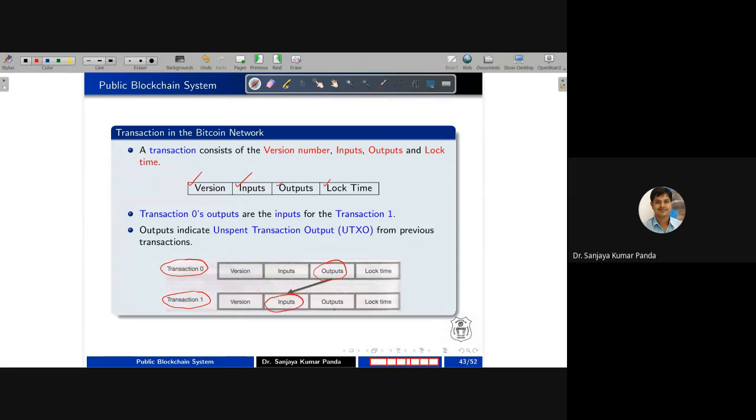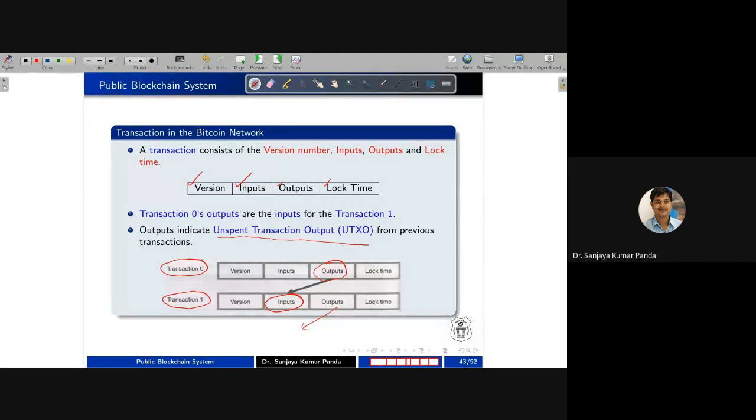Similarly, transaction one's output is input to transaction two, and so on. But it is not necessary that everything is converted from input to output. There are some things you have not spent. So output indicates the unspent transaction output from the previous transaction, which is represented as UTXO.